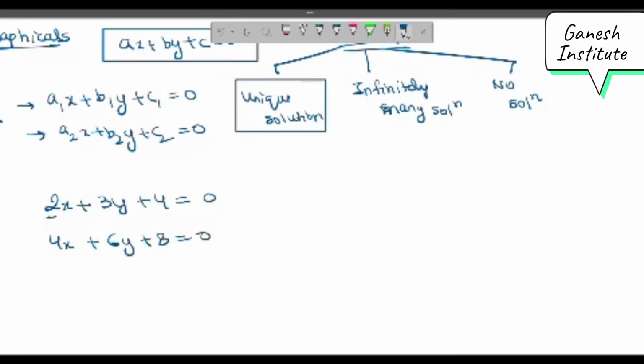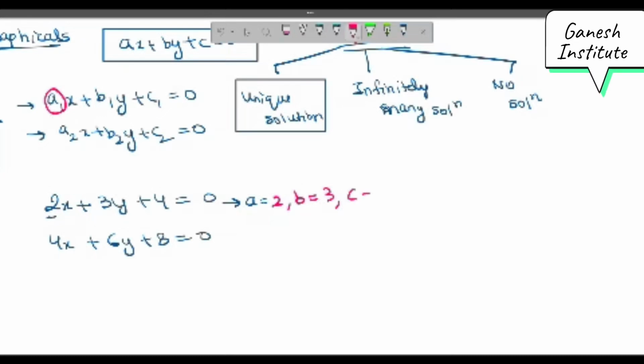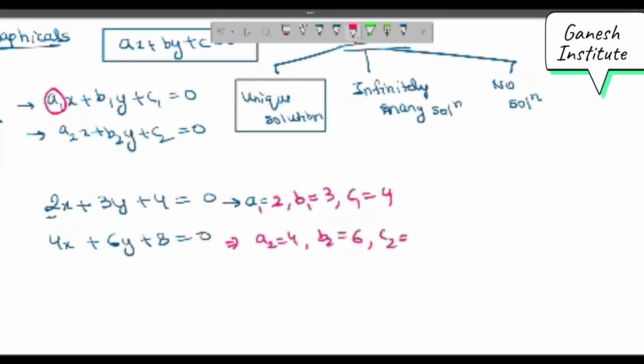So you can see what is A, B, and C for the first one. A for the first one is, A is without x, just the coefficient, 2, and B is 3, and C is 4. And what about this one? A is 4, B is 6, and C is 8.